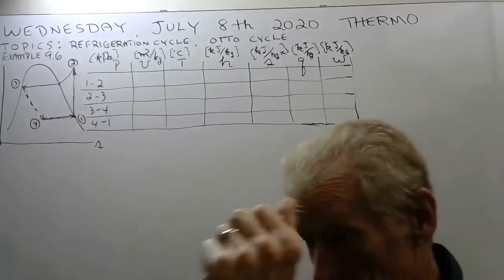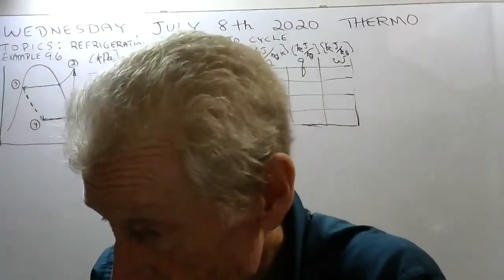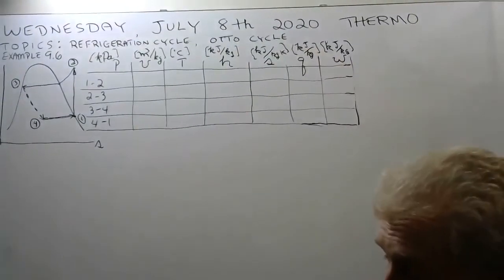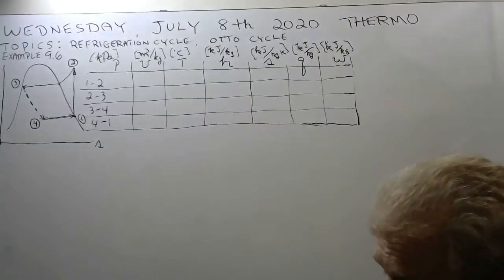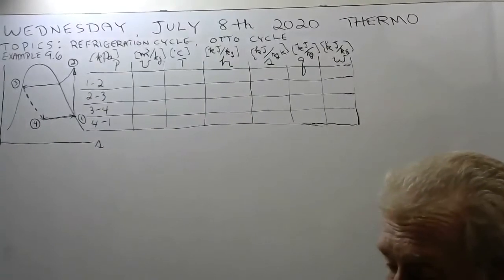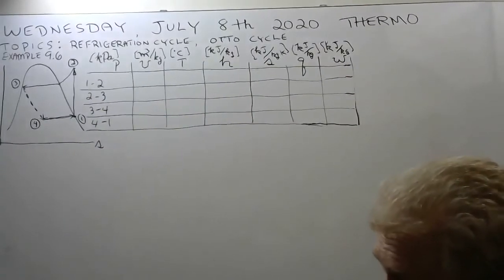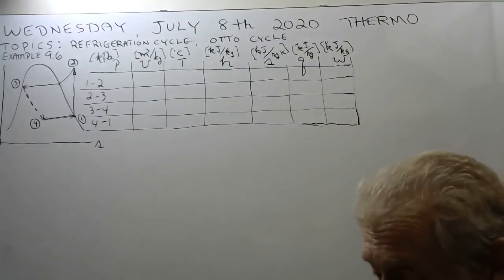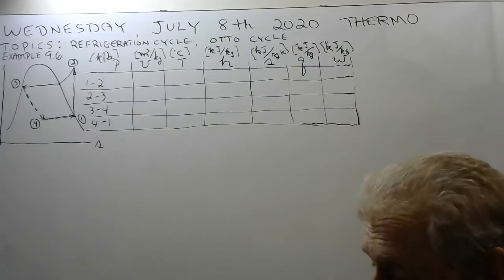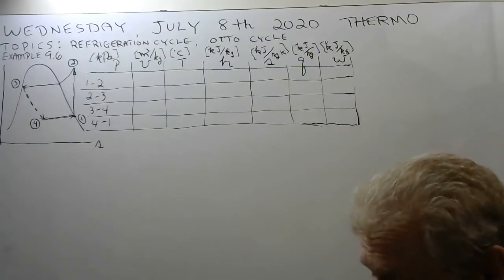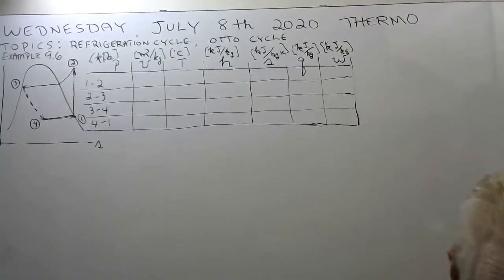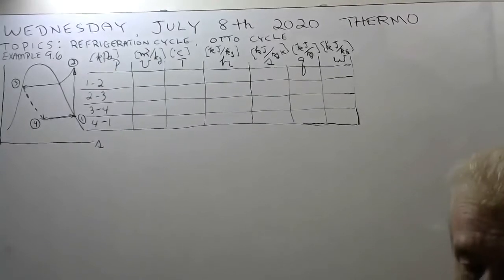This is in your book. This is the refrigeration cycle. It's in your book. It starts on page 279. But this example is on 281. So we could put that on the board, I guess.